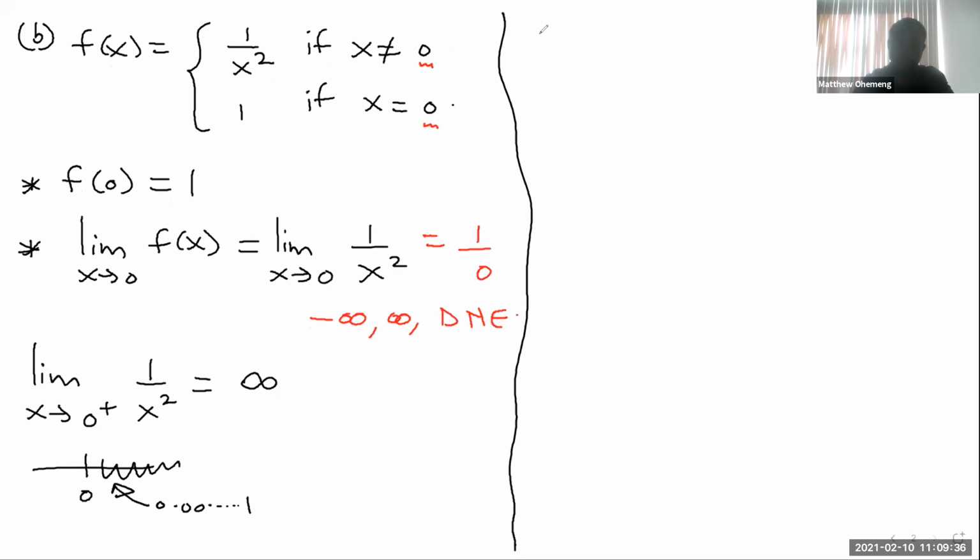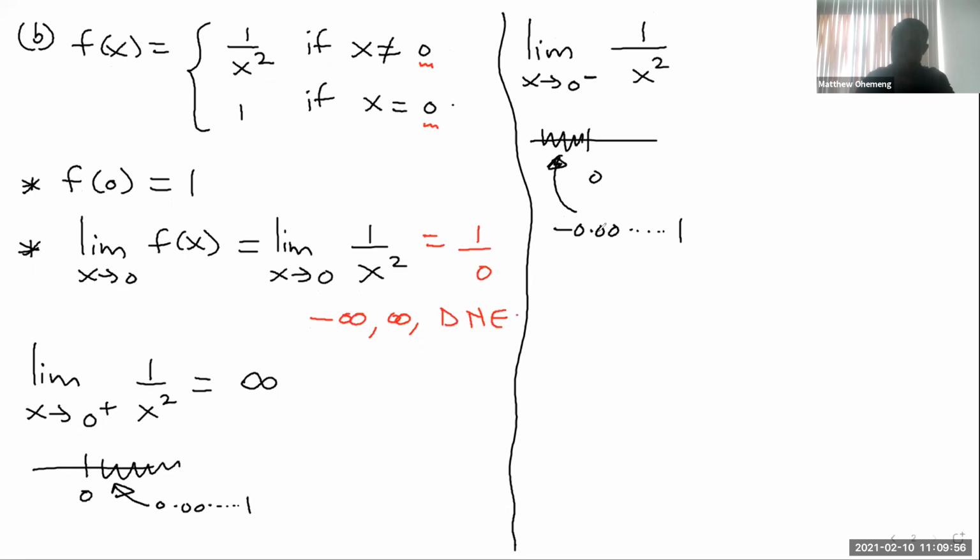Okay. Now, what about from the left? So from the left, we have 0 here. We are looking at a number like negative 0.001 of some sort.